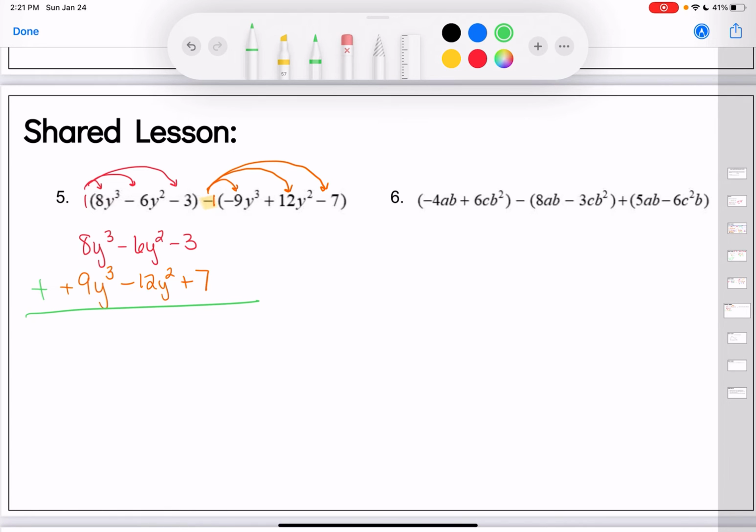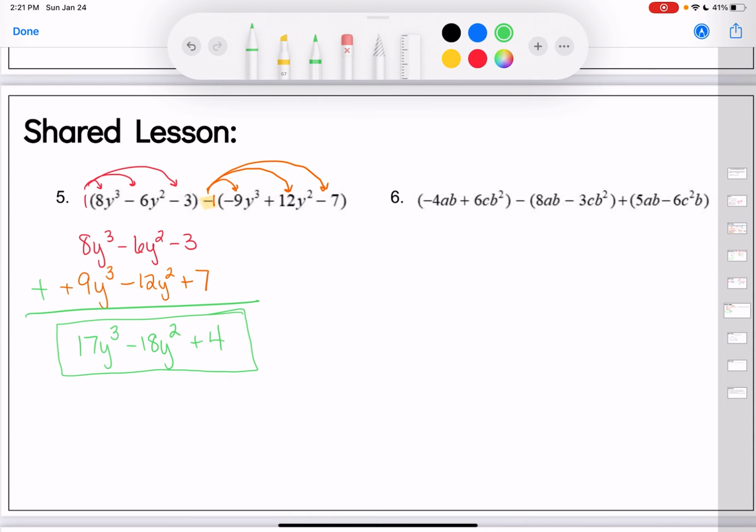So 8y to the third plus 9y to the third is 17y to the third. Negative 6y squared minus 12y squared, negative 18y squared. Negative 3 plus 7 gives me positive 4. And since I was making sure to write them in my degree order and then lining up my like terms, I've already written it in standard form as well.